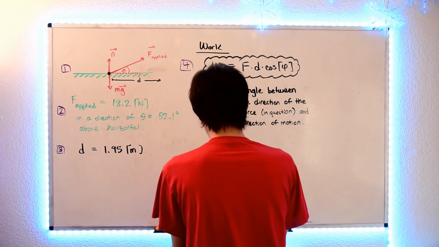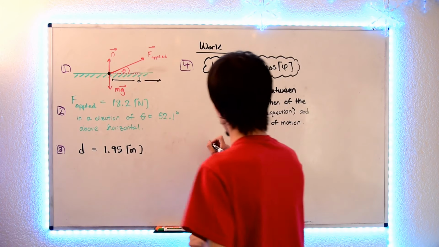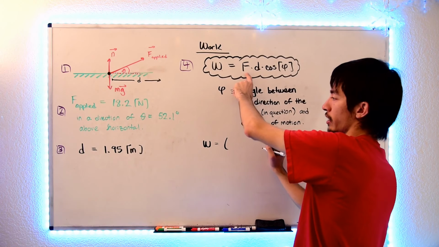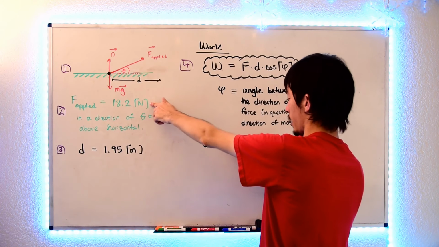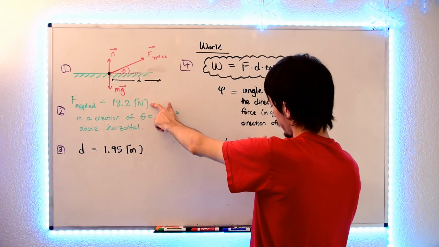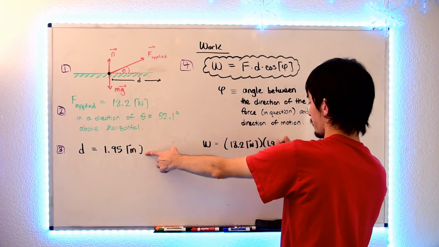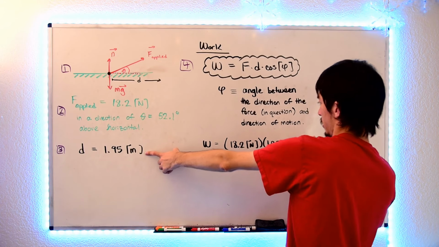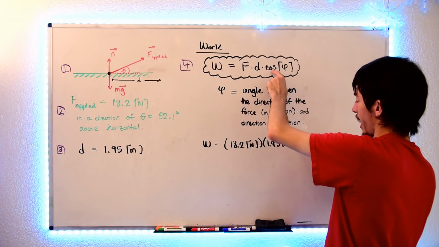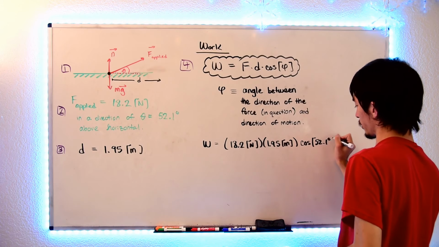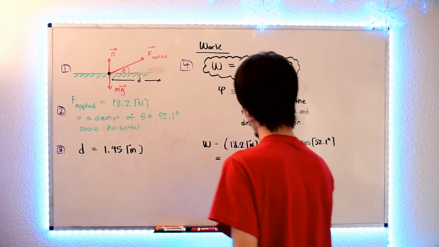So if we plug this in, okay, work is equal to the magnitude of the force in question, which is the applied force of 18.2 newtons, times the distance d that would move it. We said it was 1.95 meters. And the cosine of that angle between those two directions, which is in this case 52.1 degrees. Okay.